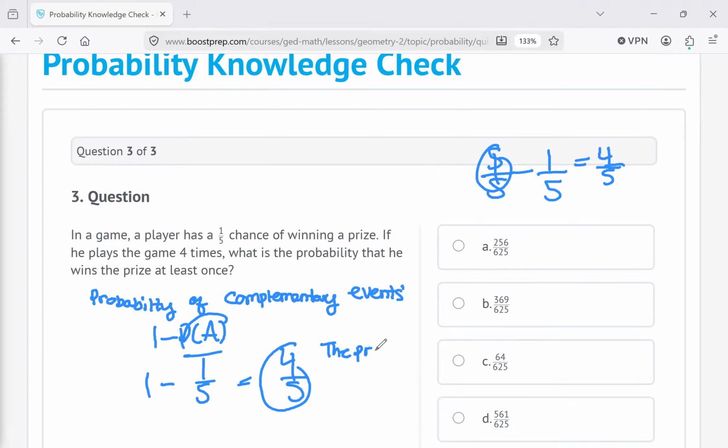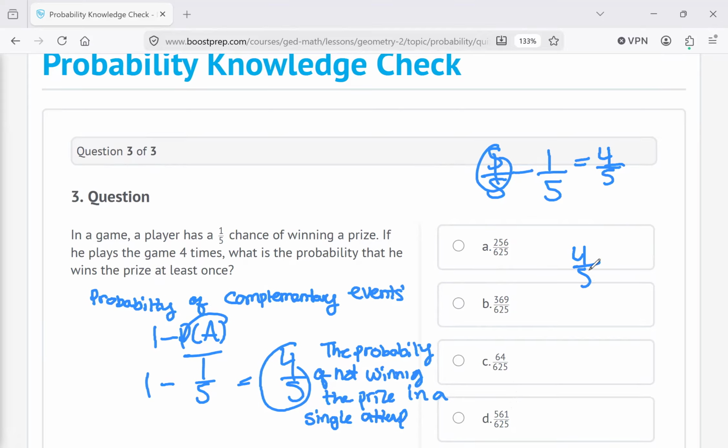But that is not our answer. Since the player is playing the game four times independently, the probability of not winning the prize in any attempt will be 4/5 raised to the fourth, which is 256 over 625.